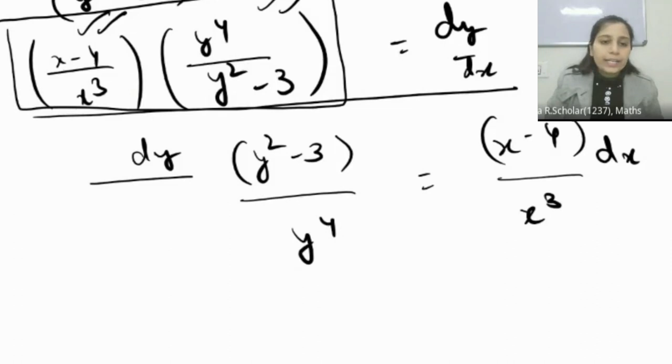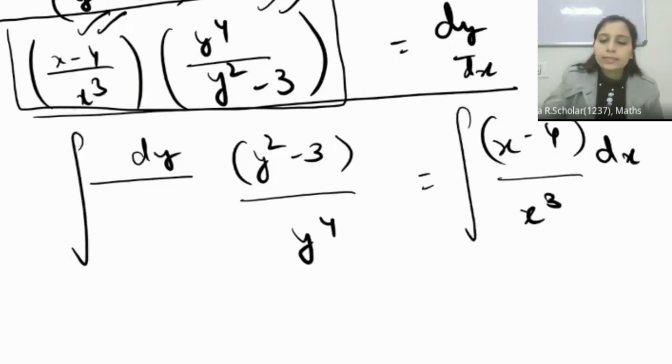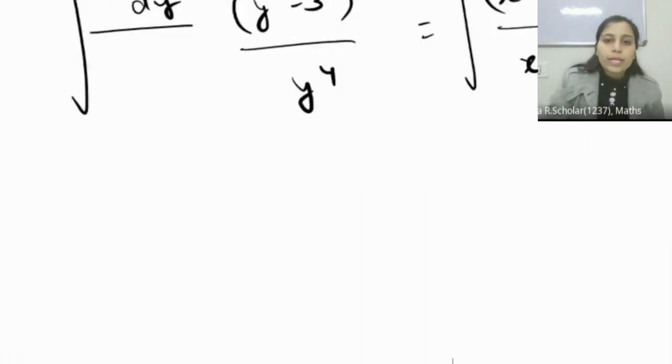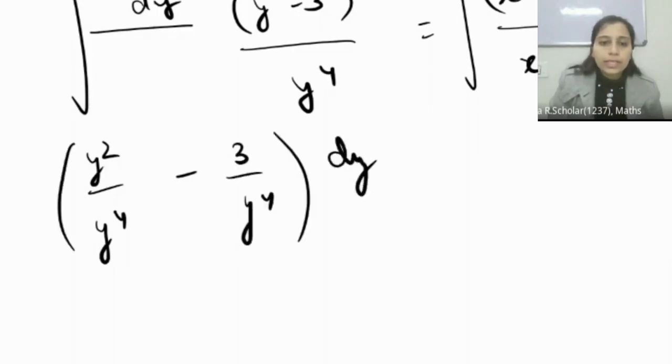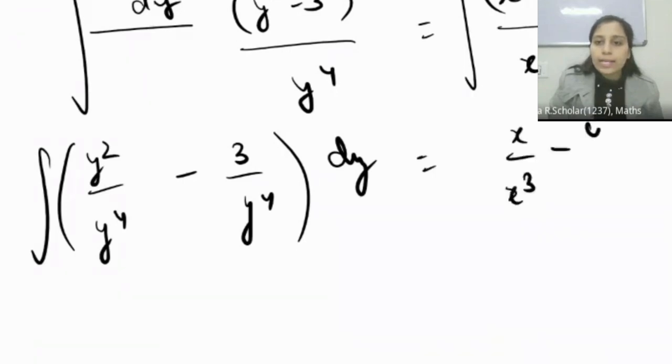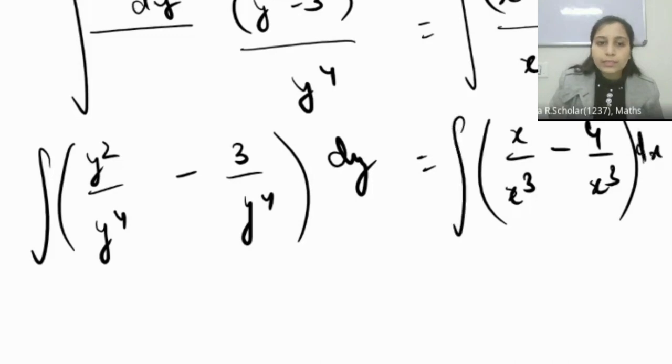Now we can integrate them as this whole depends on y and this whole depends on x. So taking y raised to power 4 in the denominator for each, integrate, and similarly here dividing by x cube, dx, integrate.